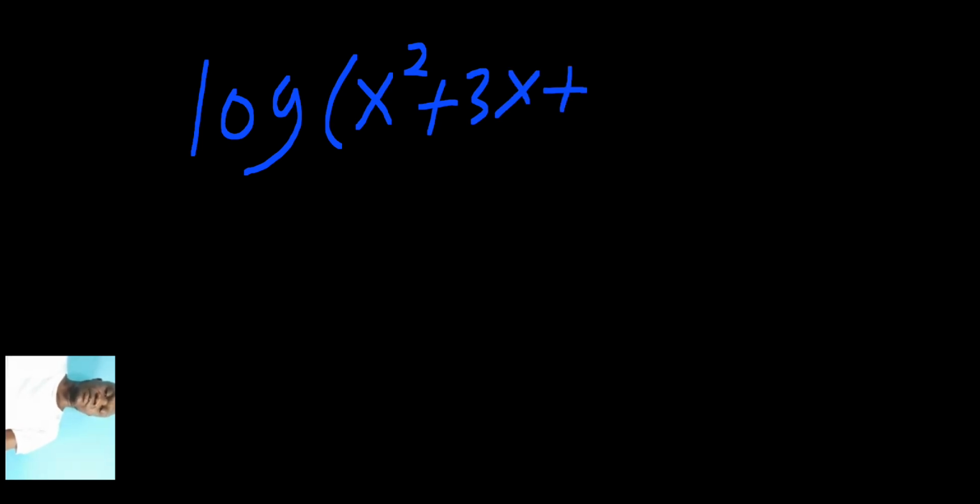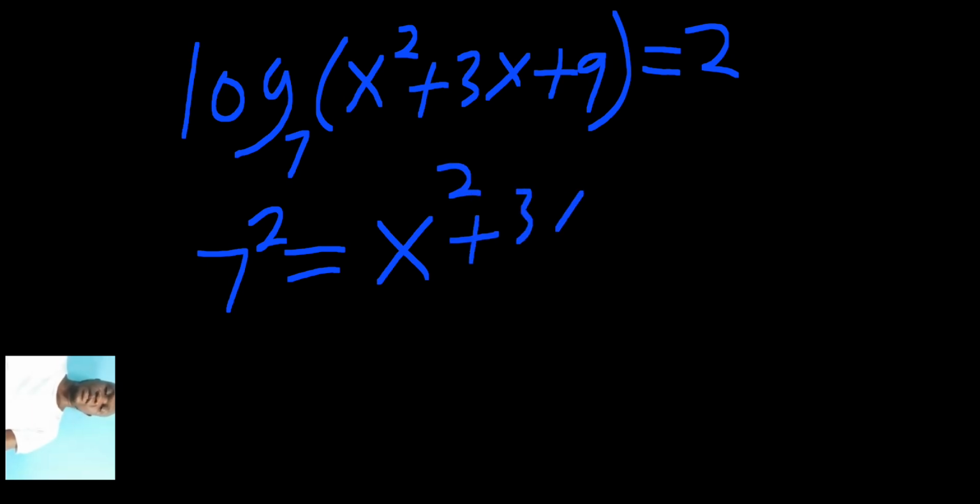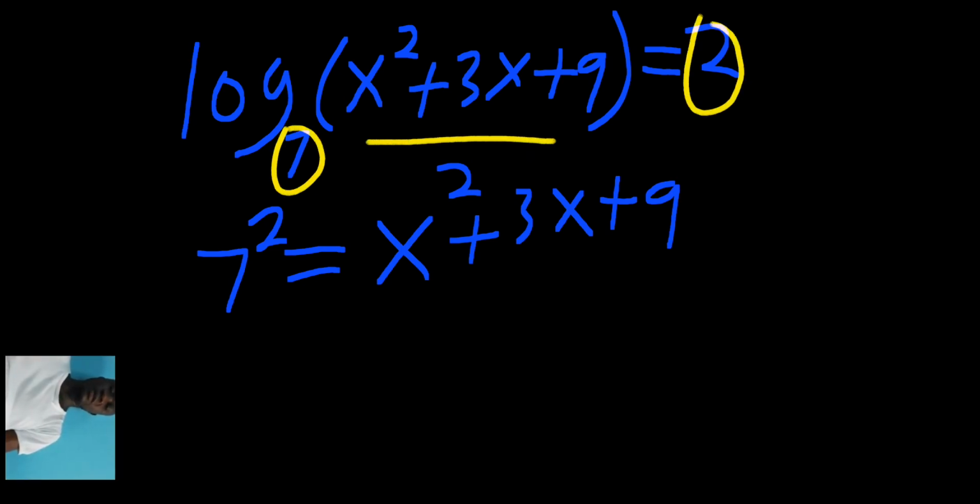Let's try another example. Log of s squared plus 3s plus 9 is equal to 2. This is to base 7. So my base is 7. So I have 7 to the second power equals s squared plus 3s plus 9. That is, whatever you have here equals whatever is here.